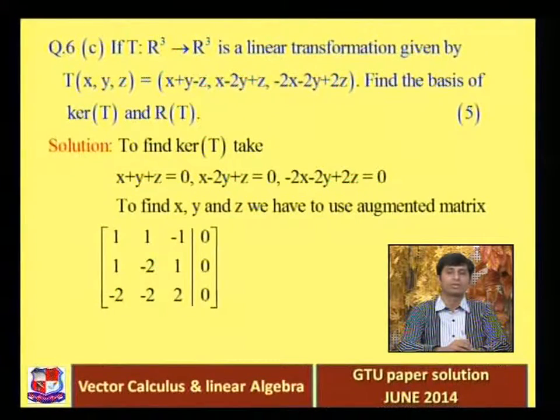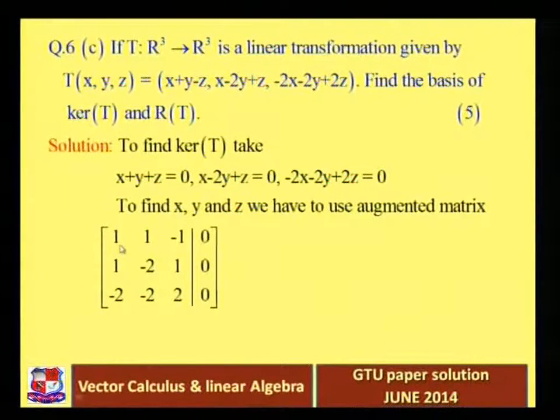We have to convert this matrix into row echelon form, and then we can solve this system of equations. Now what is the meaning of row echelon form? A matrix is in row echelon form if it satisfies these 3 conditions. First condition: if there is any 0 row, it should be at the bottom of the matrix.